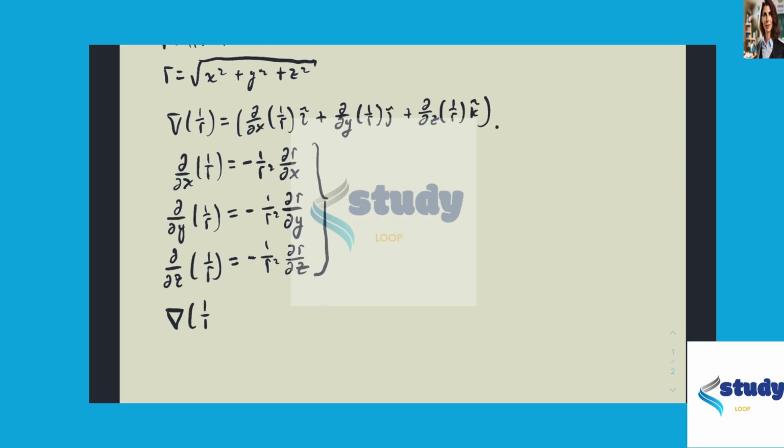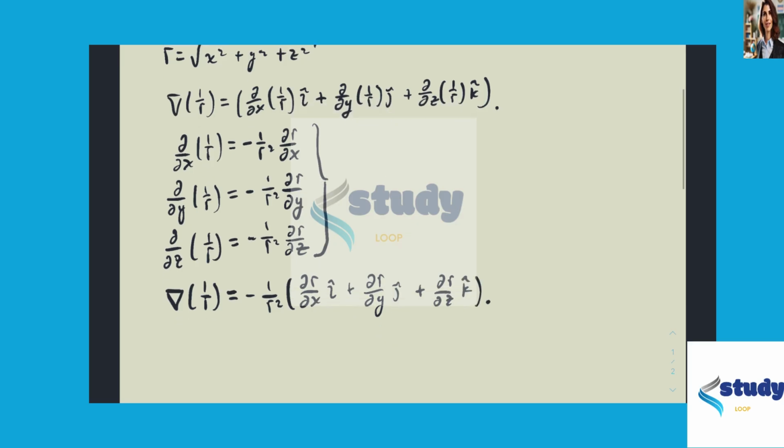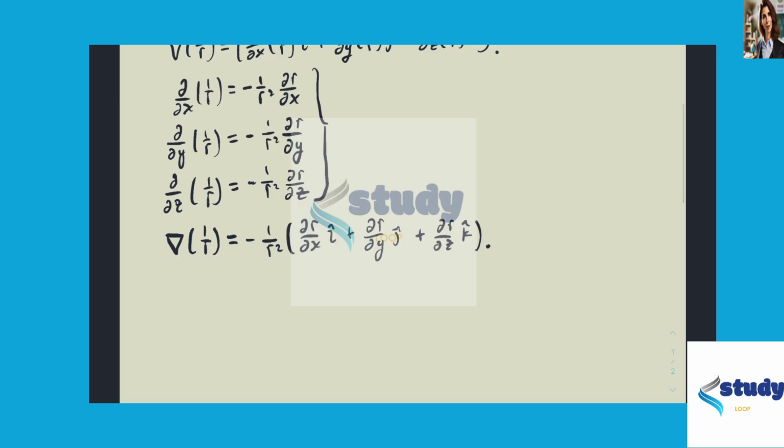So therefore we can say that del of 1 over r is equal to, and since all of the terms have a minus 1 over r squared, we can just factor that out, and that just becomes minus 1 over r squared of dr dx i plus dr dy j plus dr dz k. Okay, so now we just need to find these partial derivatives.